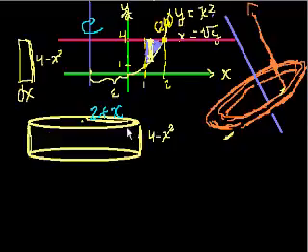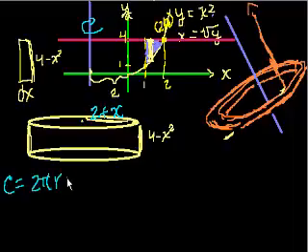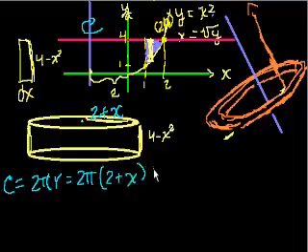So what's the circumference of each shell going to be? Well, circumference is equal to 2 pi r, and our radius is 2 plus x. So it's 2 pi times 2 plus x, which equals 4 pi plus 2 pi x.